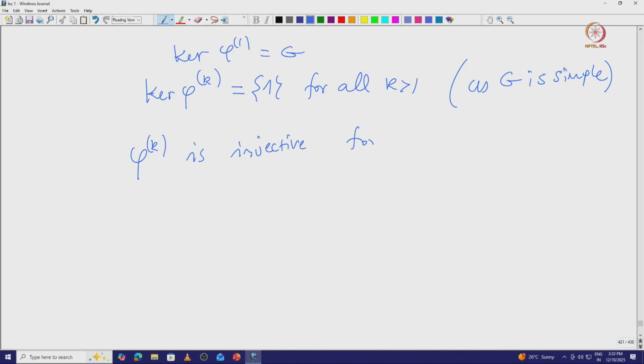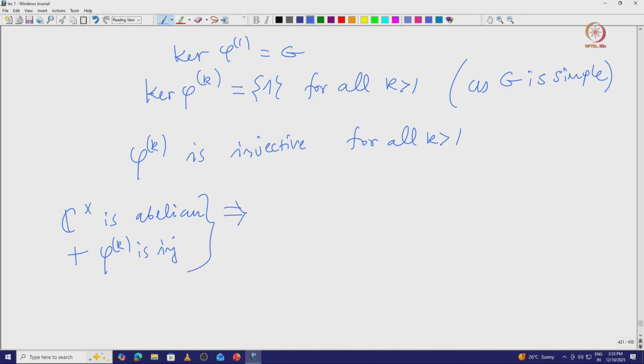For all k greater than 1, note that C cross is abelian, and G is non-abelian because we started with a finite non-abelian group. If G were abelian, that would follow from phi k being injective.